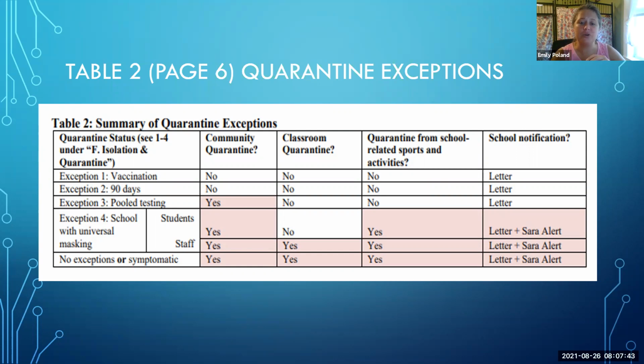XYZ needs to know about that positive case, if the game was during their infectious period, and XYZ needs to send in their close contact list to the contact tracing team. On that contact tracing template, please use the same case identifier as ABC did. And you can say that the exposure location was ABC soccer game.